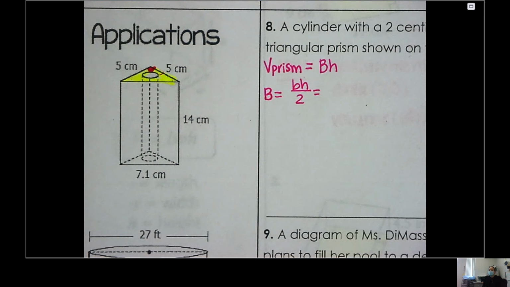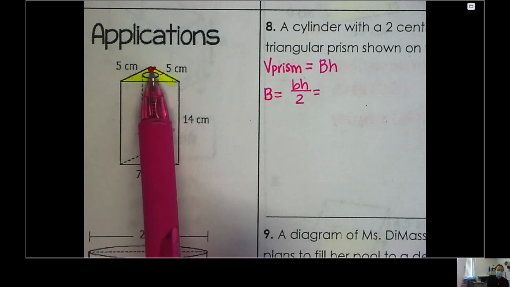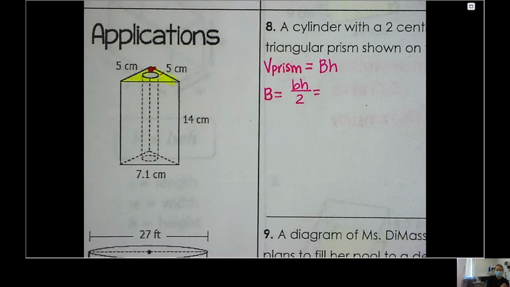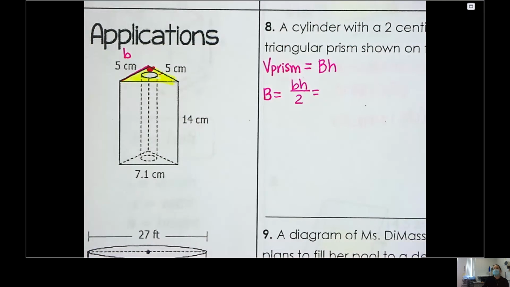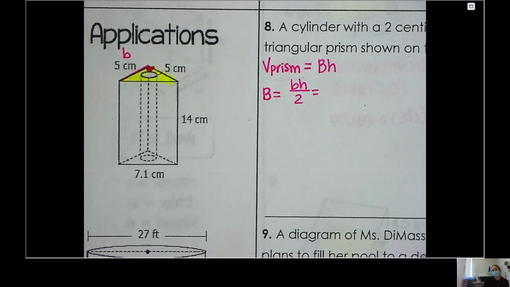So looking at this triangle, what's the base of the triangle? So look for your 90 degrees. What's the base? 5. Beautiful. Here's the base right here. That's the base. What's the height of that triangle there? Again, look at the 90 degrees.